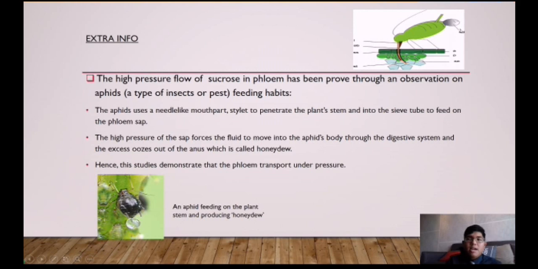These honeydew are like water droplets at the end of their bodies that ants usually feed on. So from this observation, it demonstrates that the phloem transport flows under high pressure. Thus, it makes the pressure flow model acceptable and relevant for science education.